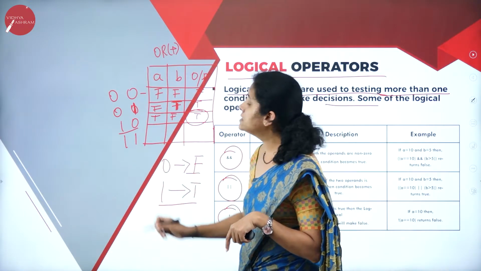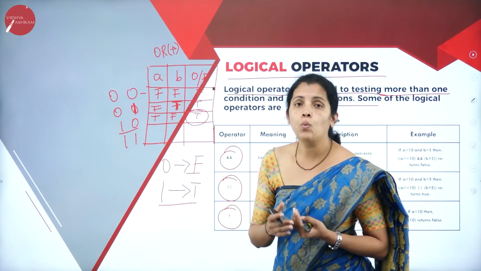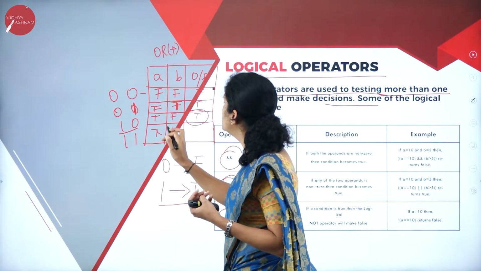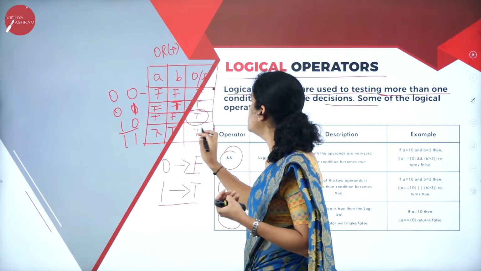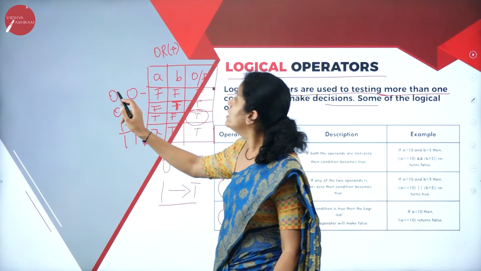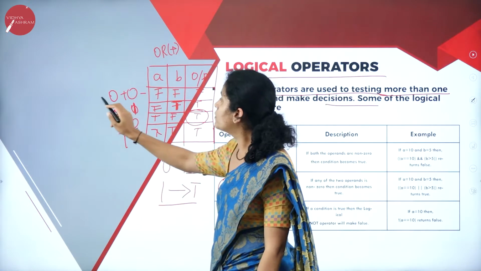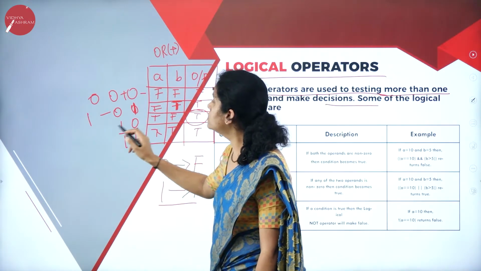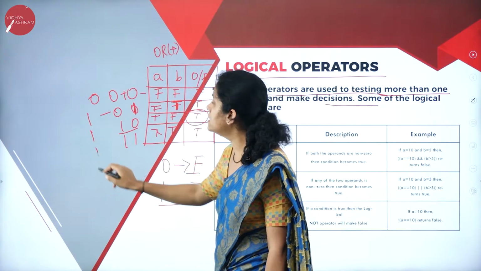And if I consider 1 and 1, both values are true, then the output is true. That means if I add 0 plus 0, I get 0. 0, 1, it is 1. 1, 0, it is 1. 1, 1, it is 1.